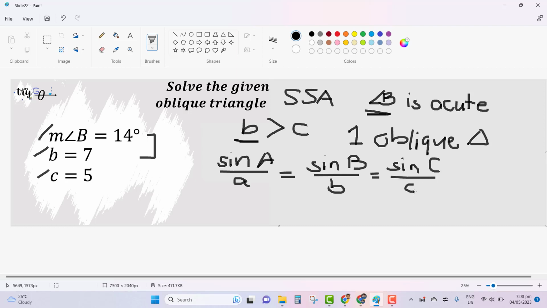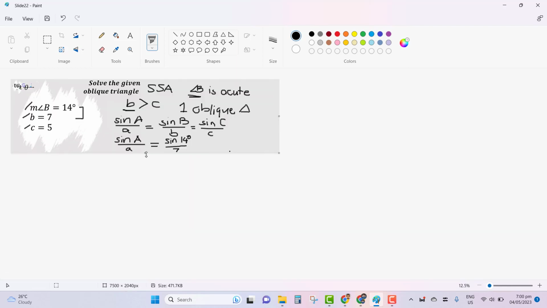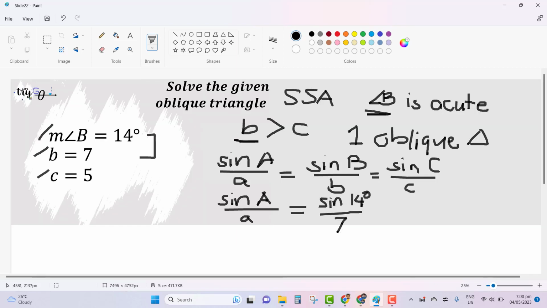So let's substitute all the values here. We have sine A over A, which we don't know the value of, is equal to sine B, which is 14 degrees, over 7. Let me increase this portion here for more room for computation.